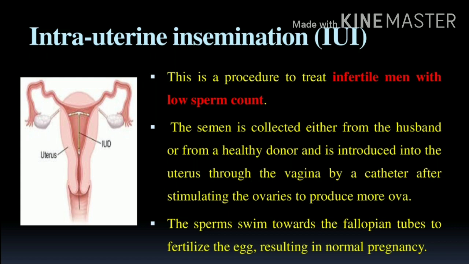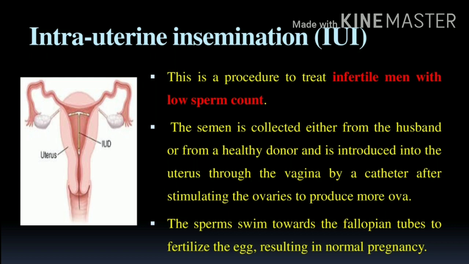At the same time, the ovaries are stimulated to produce more ova. After stimulating the ovaries to produce more ova, the sperms can move towards the fallopian tubes to fertilize the egg, resulting in a normal pregnancy.